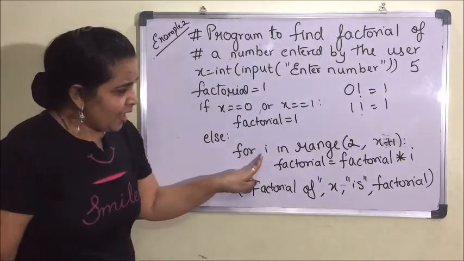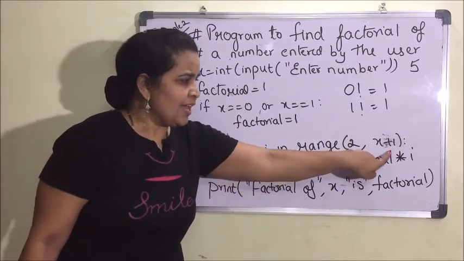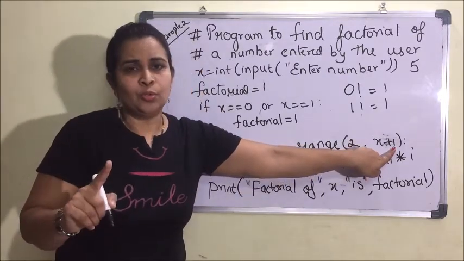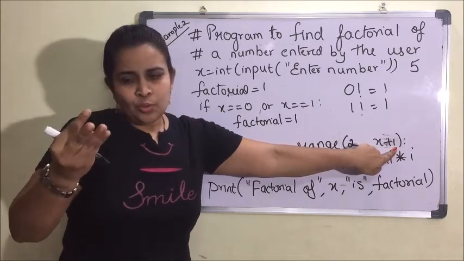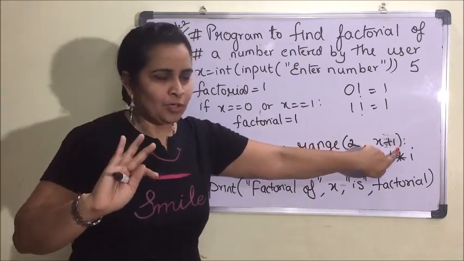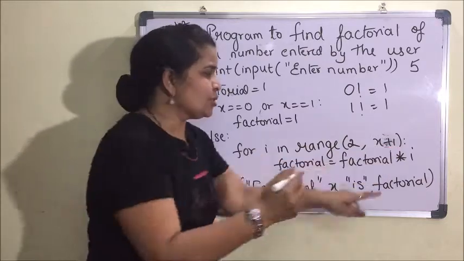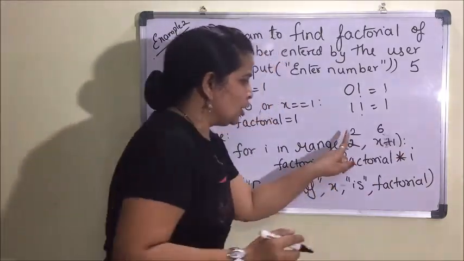After this, for i in range(2, x+1), meaning 2 to 6. How many times will the loop work? 2, 3, 4, 5, that is 4 times. The upper limit is exclusive, so 2 to 6 means it will work from 2 to 5.